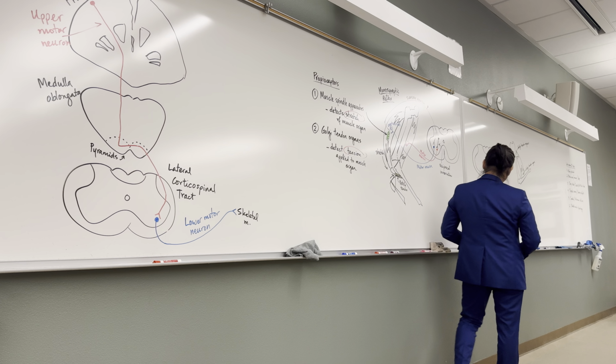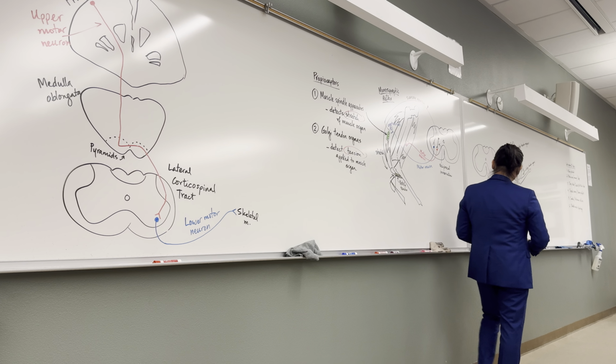Now, on the other side, let's say you have your muscle group. This is the bicep muscle in a contracted state. When the bicep muscle is in a contracted state, you are applying what we call tension to the muscle. When you're applying tension to the muscle, where is the tension felt the most along this muscle group?